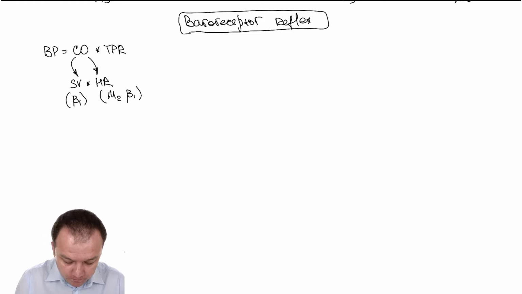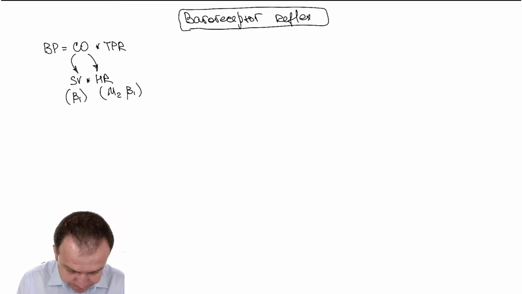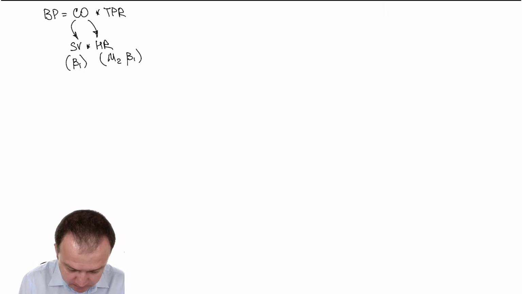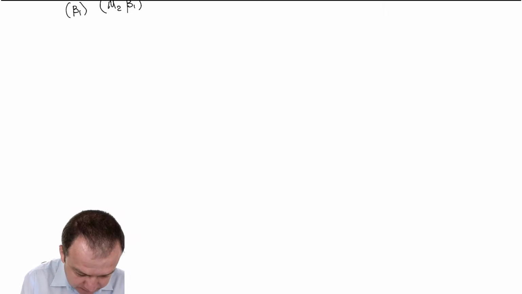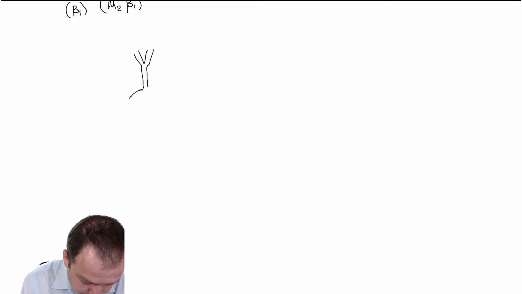So what do we have? We have the afferent part, and the afferent part of baroreceptor reflex is located in carotid sinuses and present in the aorta.